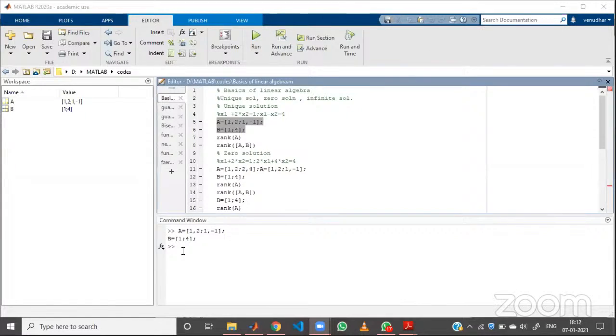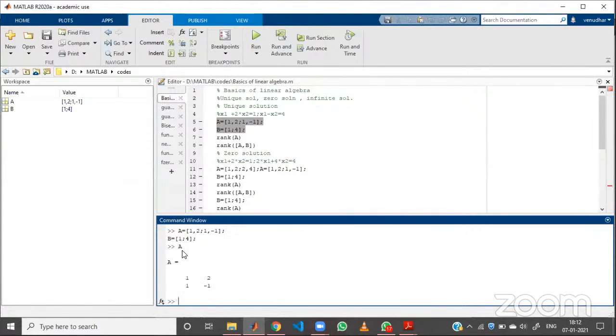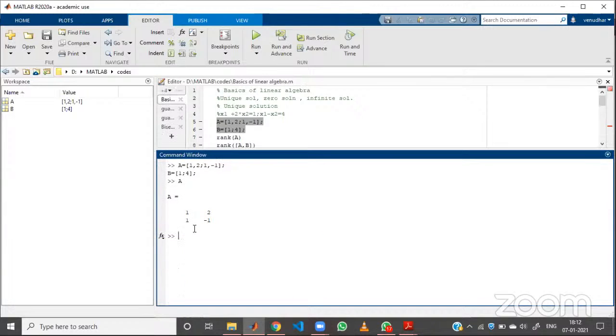A is 1 comma 2 and 1 comma minus 1, and B is the B matrix. This has a unique solution. So how do we find this unique solution?